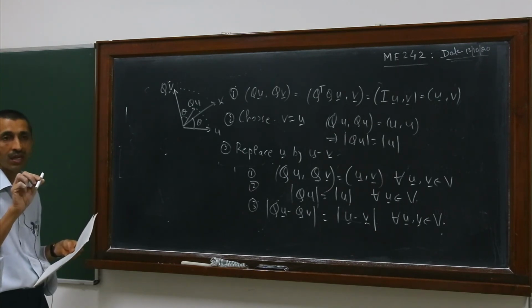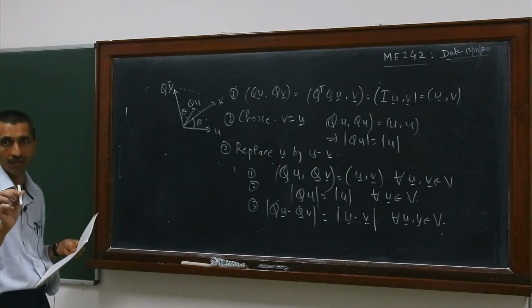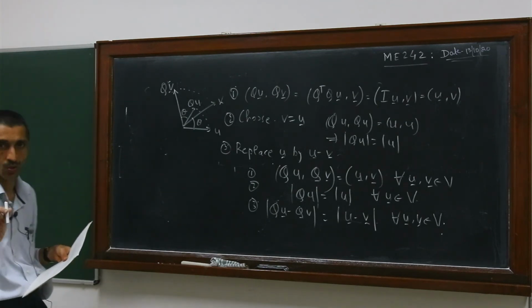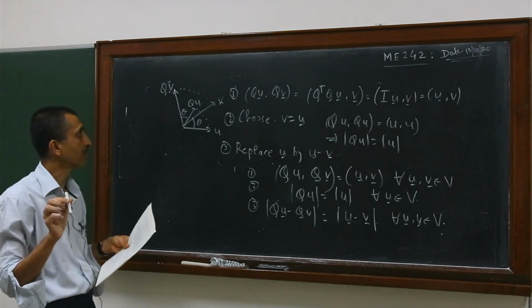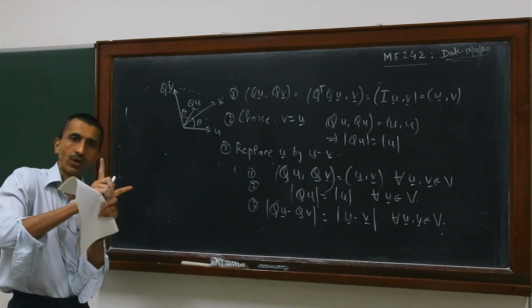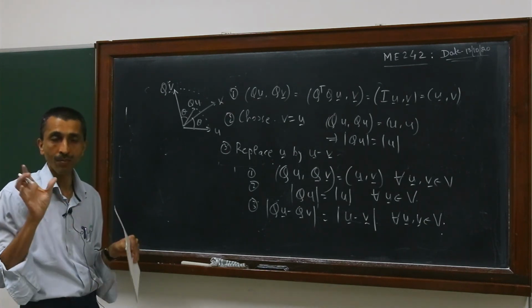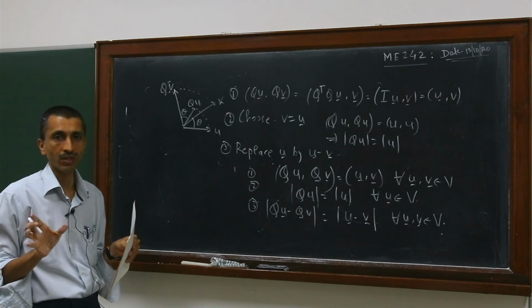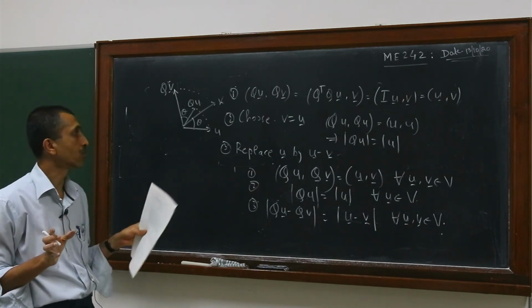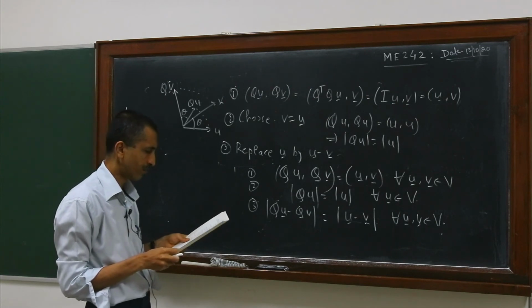So the magnitude of that vector remains unchanged when you multiply it by Q. And the second property is that if you take two vectors, they are simply rotated, so not only is the magnitude of the two vectors preserved, but the angle between them is also preserved. That property is obvious from this one here.